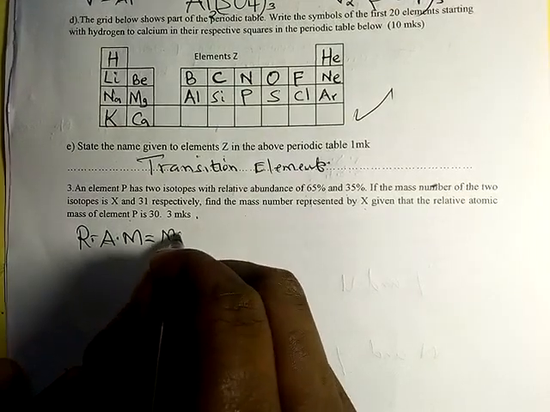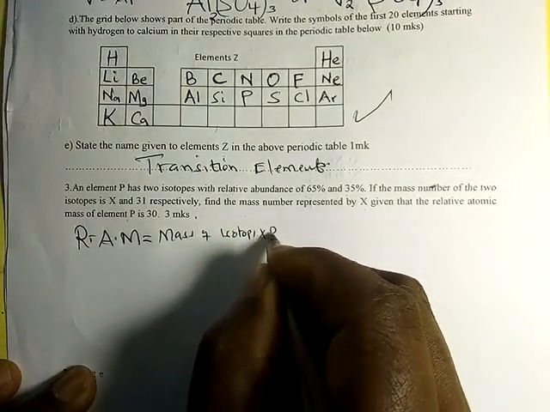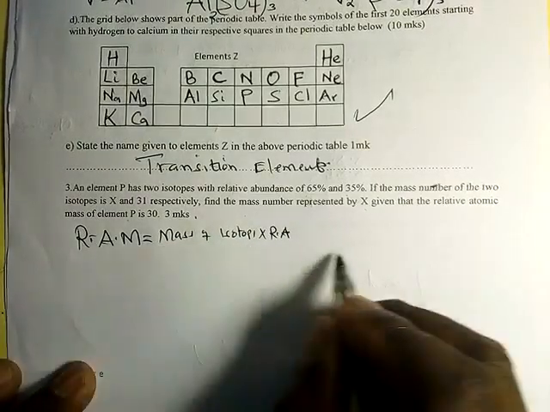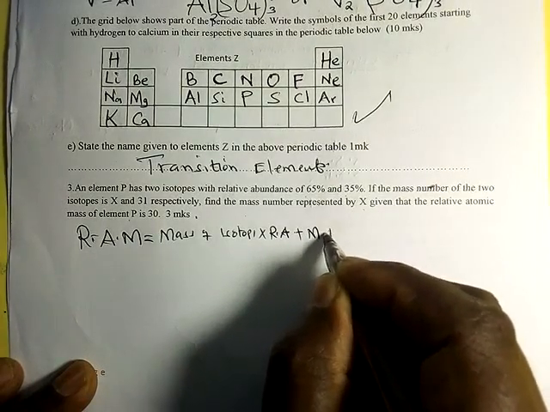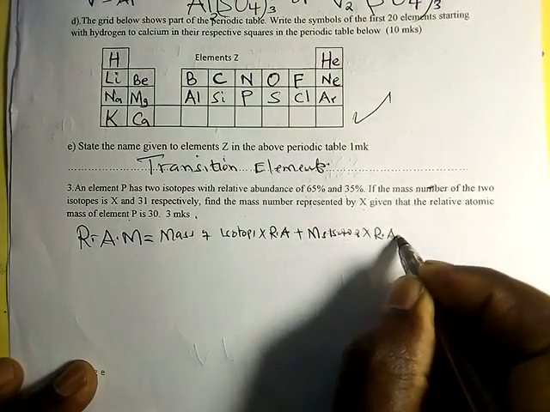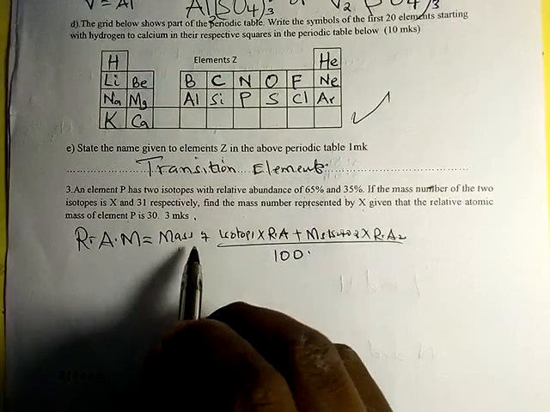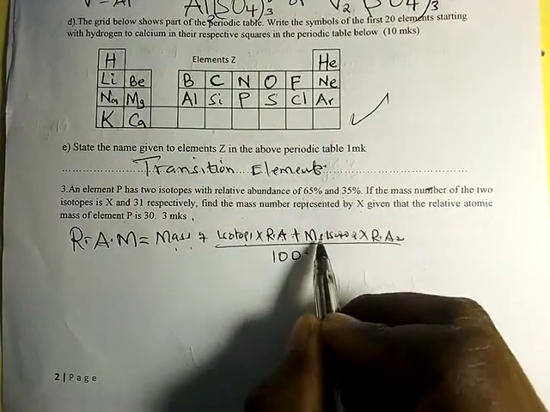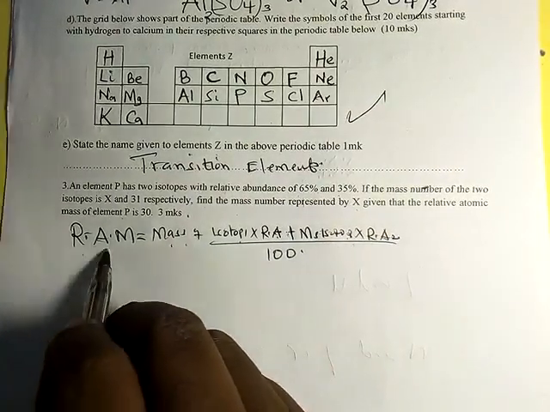RAM equals mass of isotope 1 times the relative abundance over 100, plus mass of isotope 2 times relative abundance 2, all of it divided by 100. So that's how we calculate the RAM.